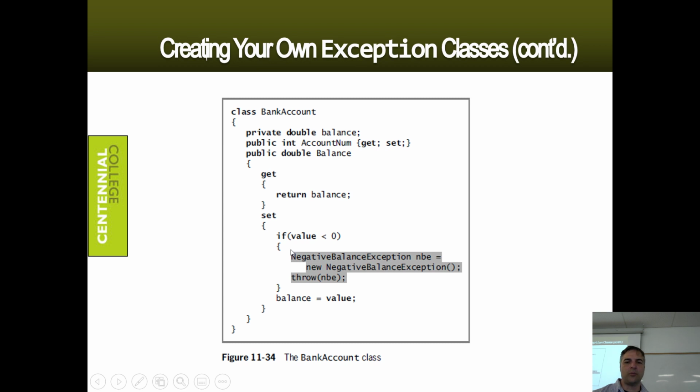Here we generate the new exception, and there we throw it. When we throw the exception, this causes our code to break. Then what we need to do is catch the exception somehow or handle it. So the throw keyword breaks your code or generates the exception for you, and then you can use a try-catch block to catch the exception and handle it.